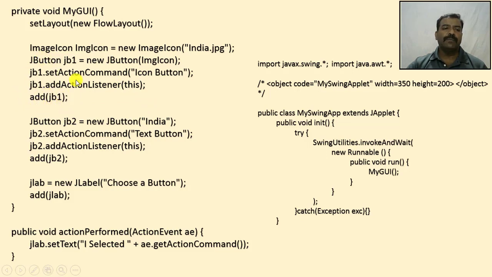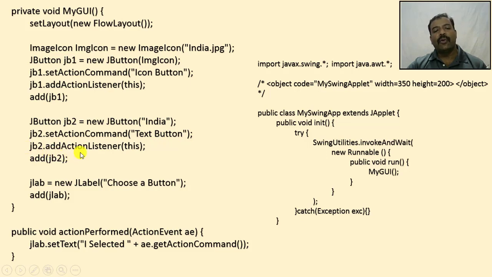And once this is done, I'm just going to create the second button now. The second button is going to be a labeled button or a text button, not an icon button. Hence, I'm just going to use the constructor JButton. Instead of passing an image, I'm passing a text, India. And for this second button, jb2, set the action command as text button.